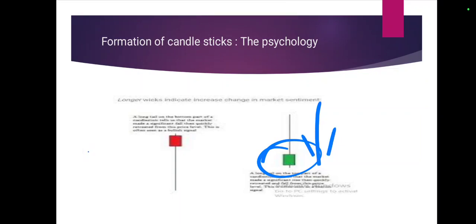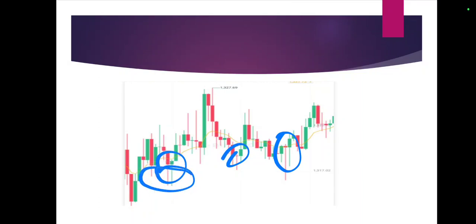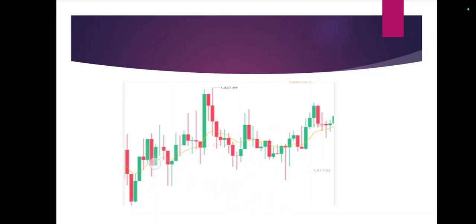So when you see candles like this ones here, you can see some hammer candles, some small candles. You should just know the psychology. When you see a candle with long tail like this, you should just know that prices came as low as this, but buyers step into the market and close the market above it.